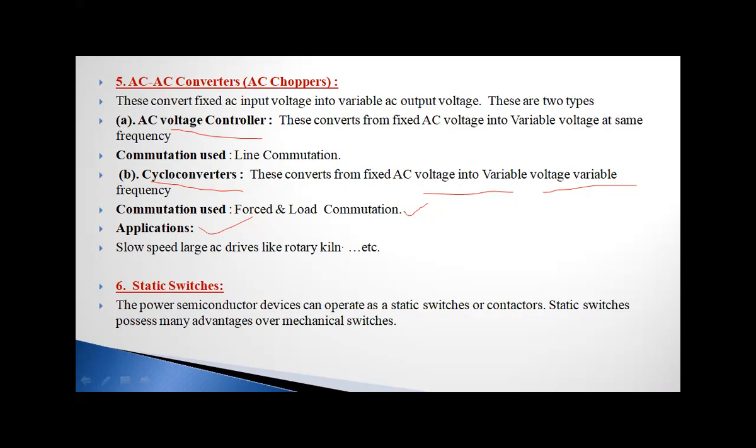We have already discussed this in the previous two lectures. All the power semiconductor devices are operated as switches. We discussed it in previous lectures, so there is no need to explain the static switches again. Just read the one sentence.